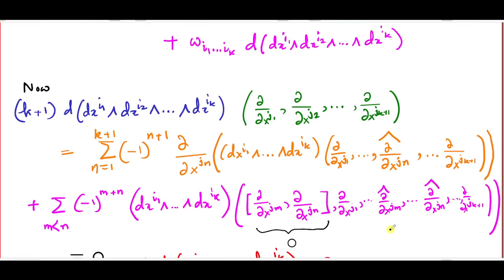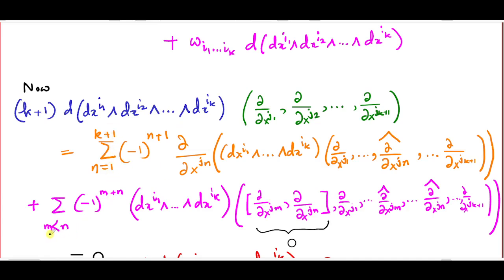As usual, the definition splits up into two sums. You have del xjn, the nth term here, coming out with the k form acting on the rest of the arguments with minus 1 to the n plus 1 here. I've just used n rather than i as the index here, and n runs from 1 to k plus 1.